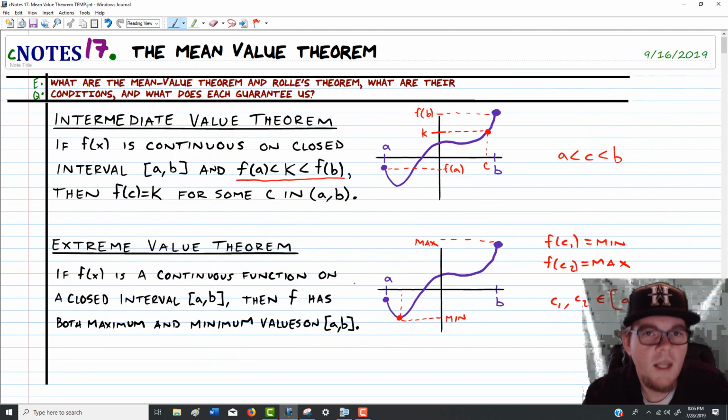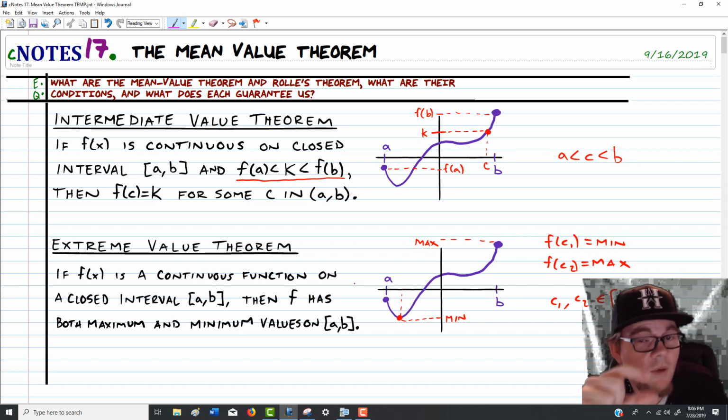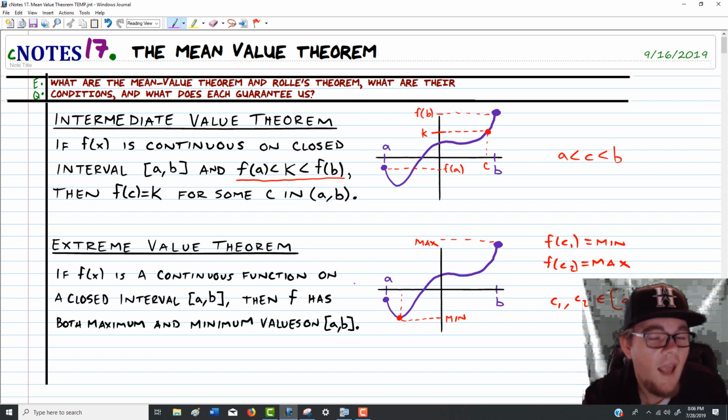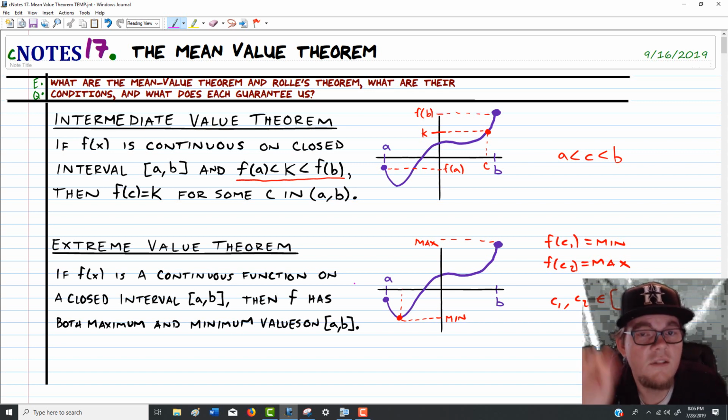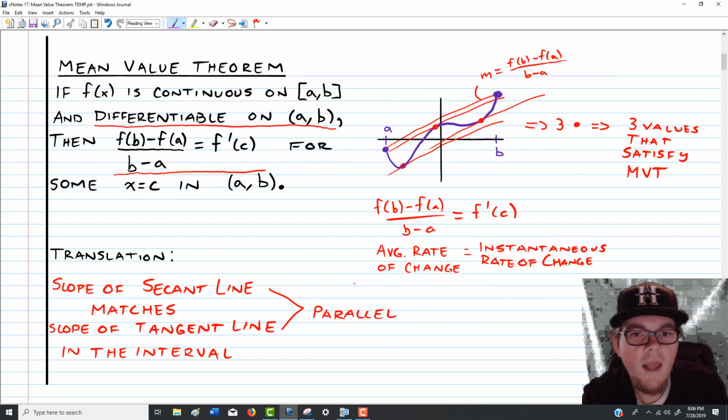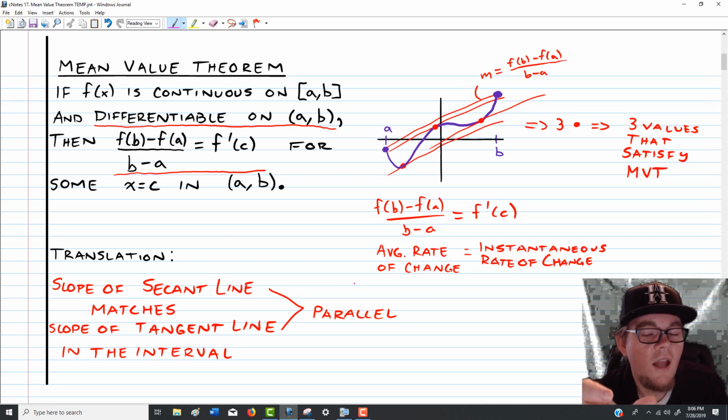If you recall, at the very beginning we talked about the original two value theorems we had. The intermediate value theorem, which guarantees that there's an x value to go with all the between y values of a continuous function. And the extreme value theorem, which guarantees there's a high and a low point for a continuous function on a closed interval. To that, we added the mean value theorem, which guarantees that there's a place where the average rate of change and the instantaneous rate of change are equal.